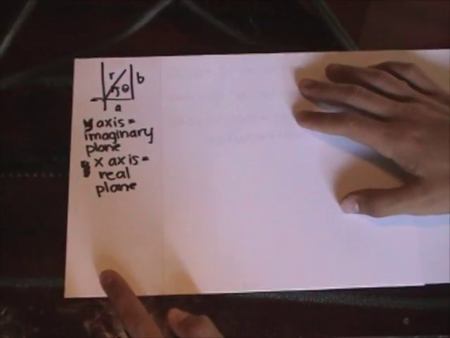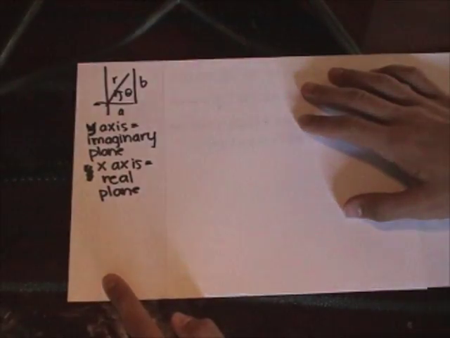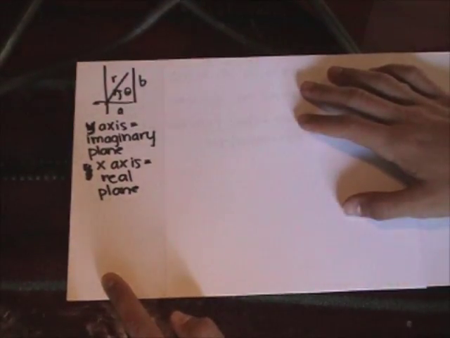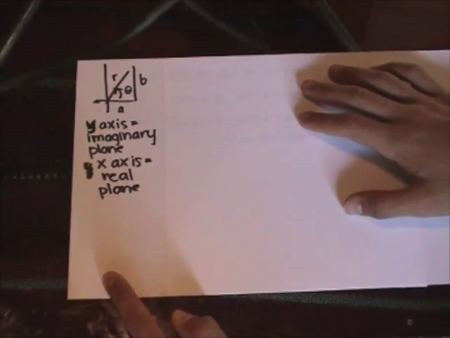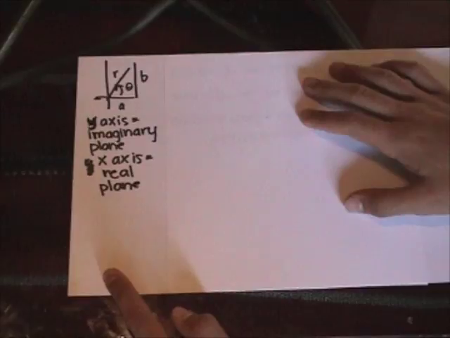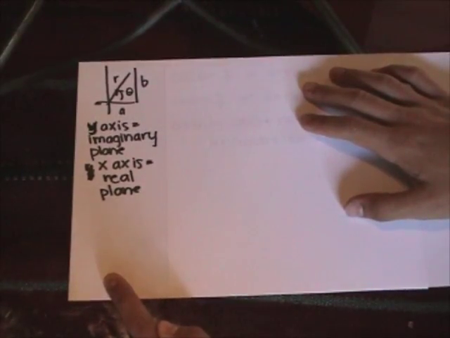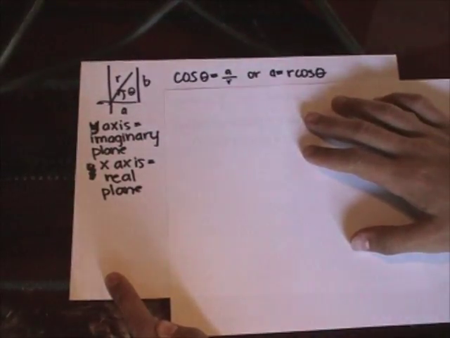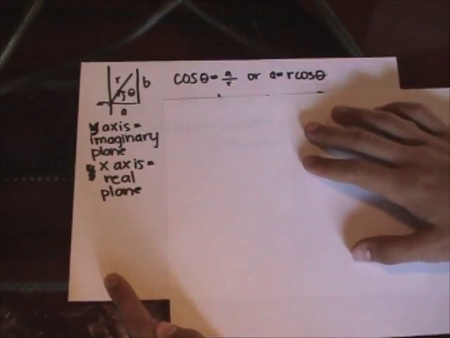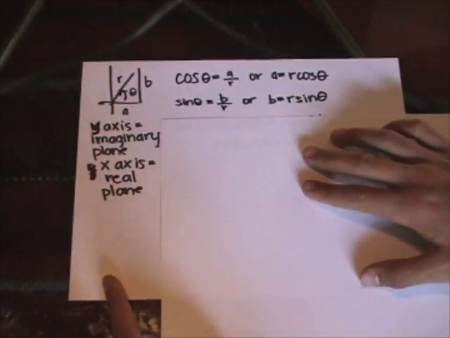Trigonometric notation for complex numbers. Now let's consider a non-zero complex number, a plus bi. Suppose that its absolute value is r. If we let theta be an angle in standard position whose terminal side passes through the point (a, b), as shown in the figure, then cosine theta equals a over r, or a equals r cosine theta, and sine theta equals b over r, or b equals r sine theta.